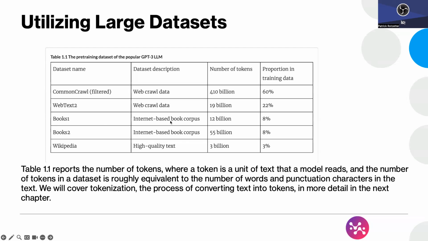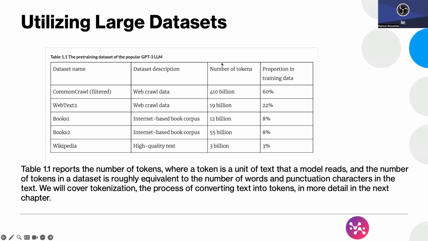These are internet-based book corpuses. The number of tokens is roughly equivalent to the number of words, or maybe a bit more. But anyway, we'll see how to tokenize later. It's quite impressive how many tokens you need to collect and feed into large language models to be able to train.